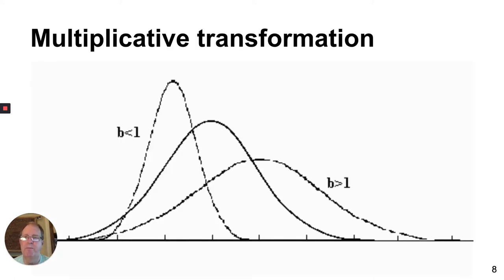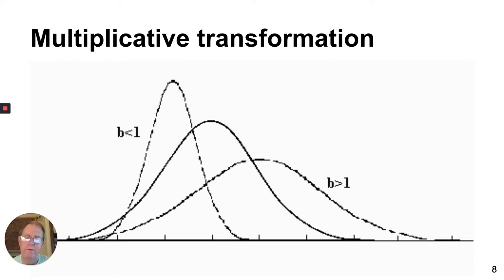What happens if we multiply all the values in the original distribution by a value b? Well, that changes the spread this time. If b is less than 1, all the points will become a little bit smaller. I'm assuming all the values are greater than 0.